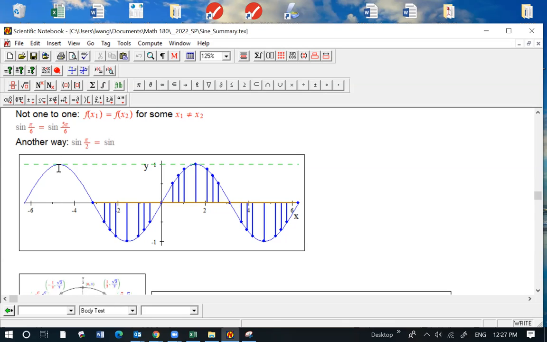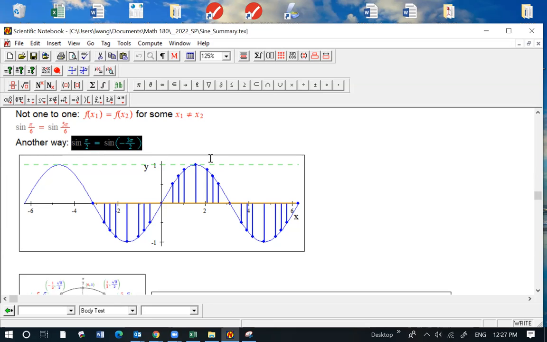This input, I think, is negative 3 pi over 2, sorry, 3 pi over 2. Once again, different input, same output. So all of these are different ways of saying that sine is not a 1-to-1 function, to make our case.